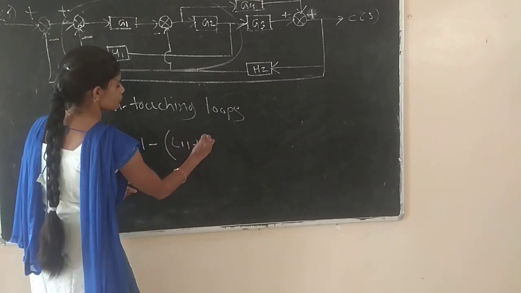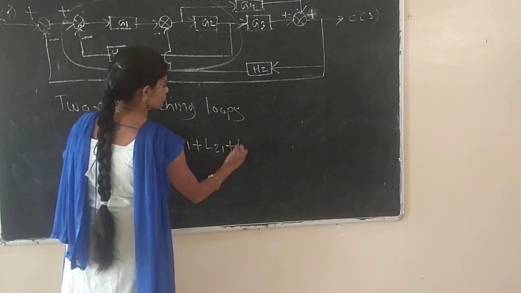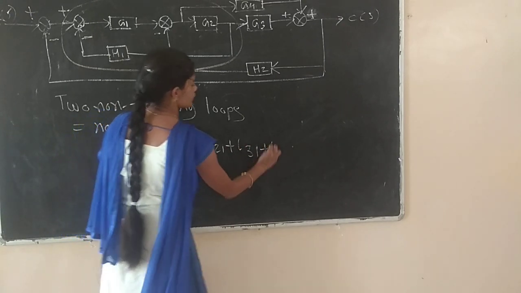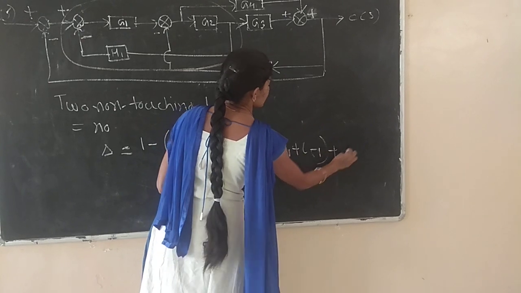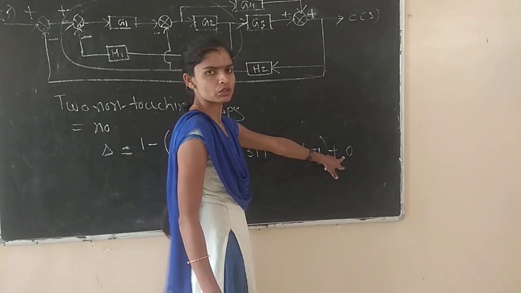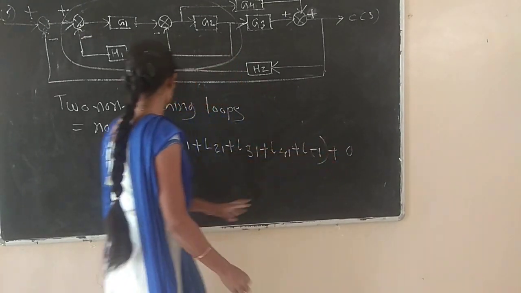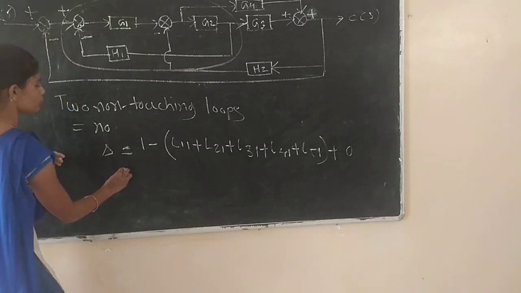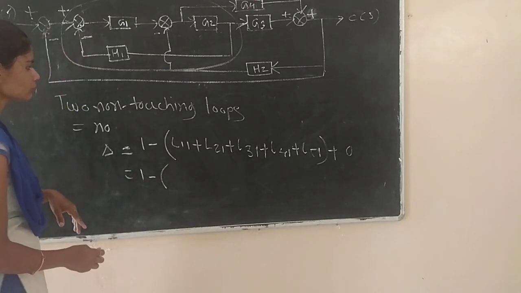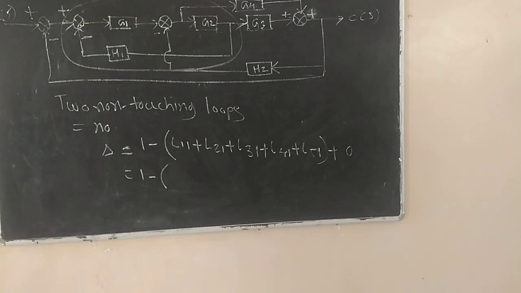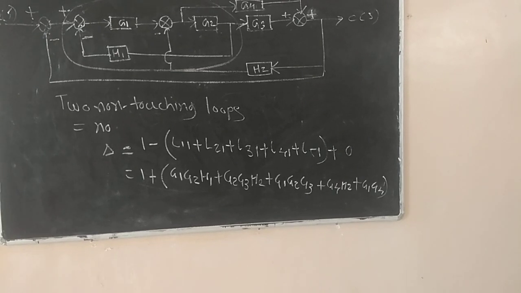The individual loops mean L11, L21, L31 and L41, L51. And here it is 0, means no 2 non-touching loops and 3 non-touching loops. And putting the value of L11.